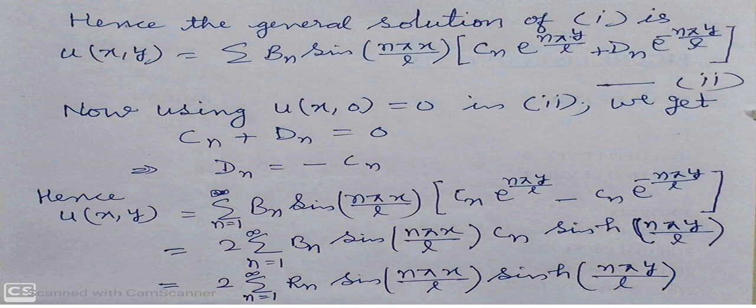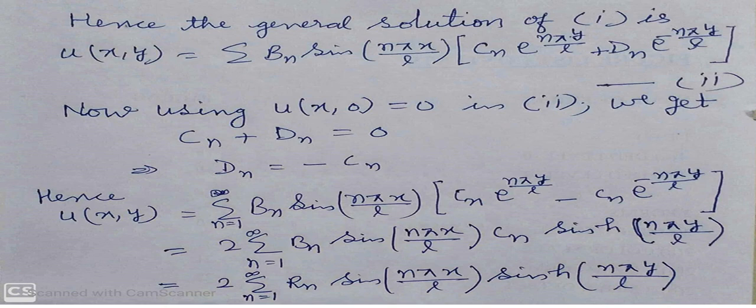Hence we have u(x, y) equal to sigma bn sin(n pi x upon l) into (cn e^(n pi y upon l) - cn e^(-n pi y upon l)), which is equal to 2 times sigma bn sin(n pi x upon l) into cn sinh(n pi y upon l).